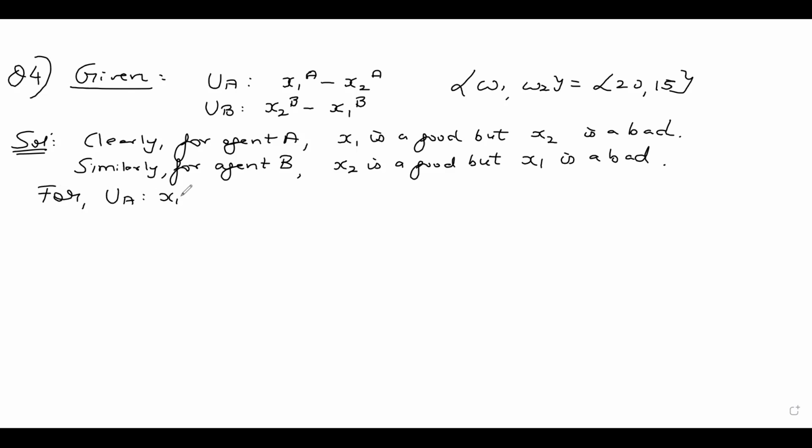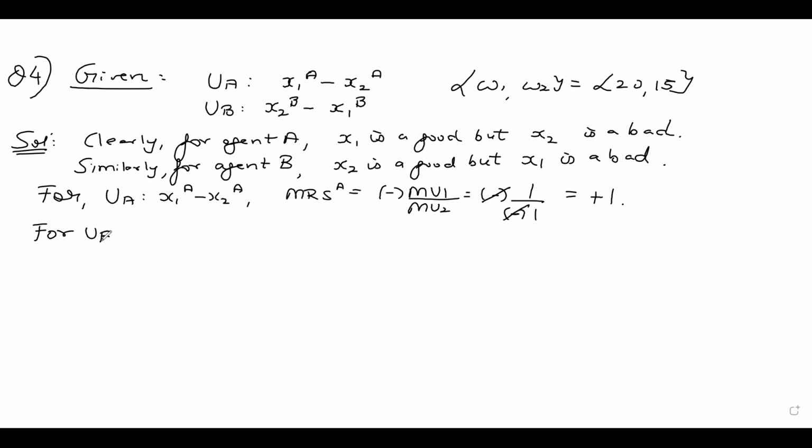For utility of agent A, which is x1A minus x2A, if I calculate the MRS, it's minus MU1 by MU2. This is minus MU1 is 1 upon MU2 is -1. So this minus and this minus make it +1. Similarly, for agent B, it's x2B minus x1B.